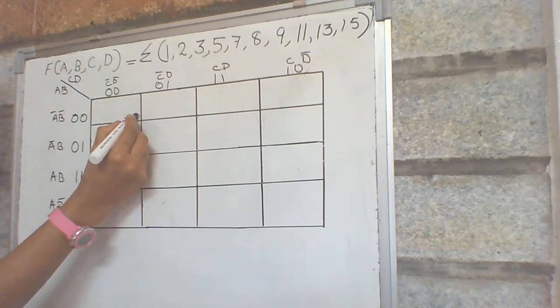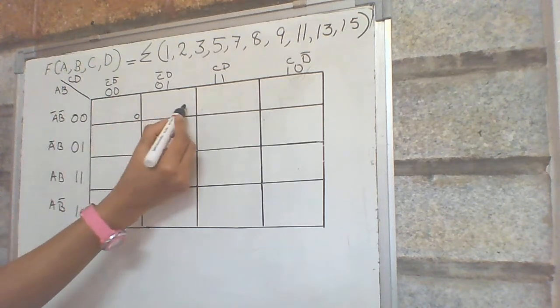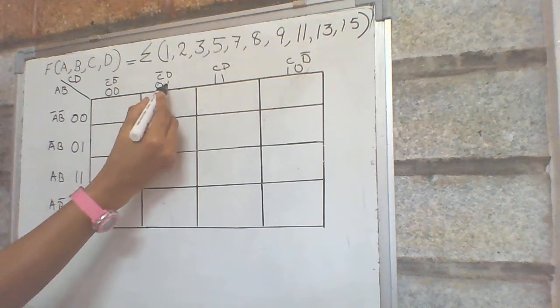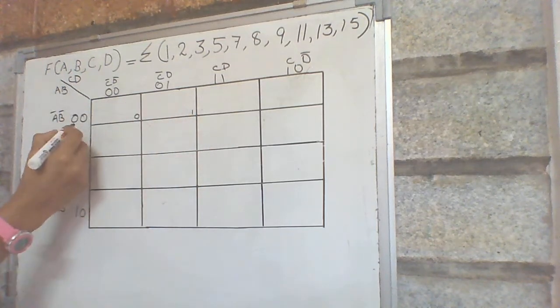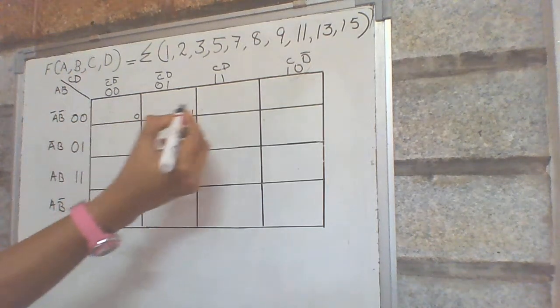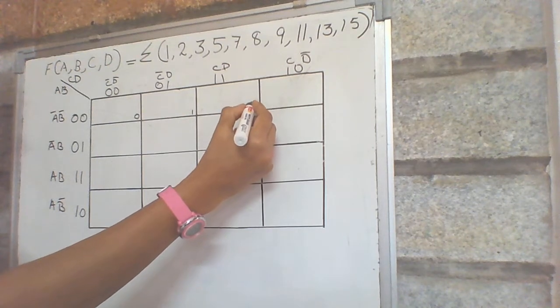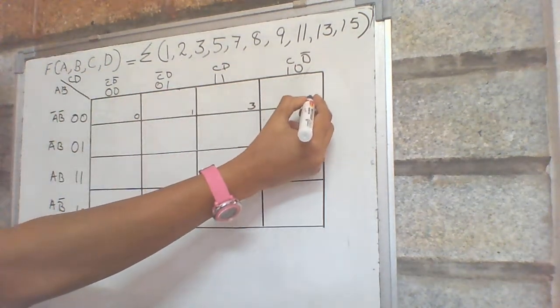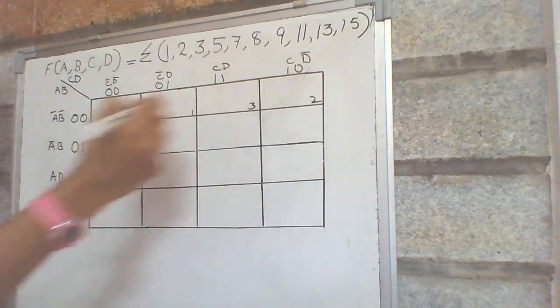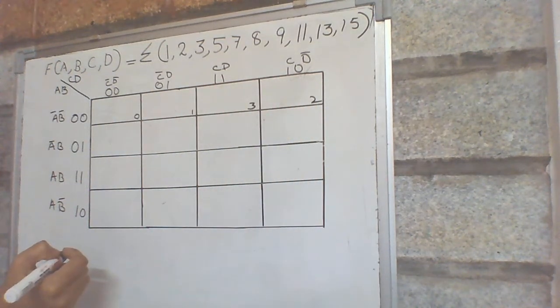This one is 0. Next cell 0, 0, 0, 1 is 1. Next 0, 0, 1, 1 is 3. 0, 0, 1, 0 is 2. That is the first row: 0, 1, 3, 2.